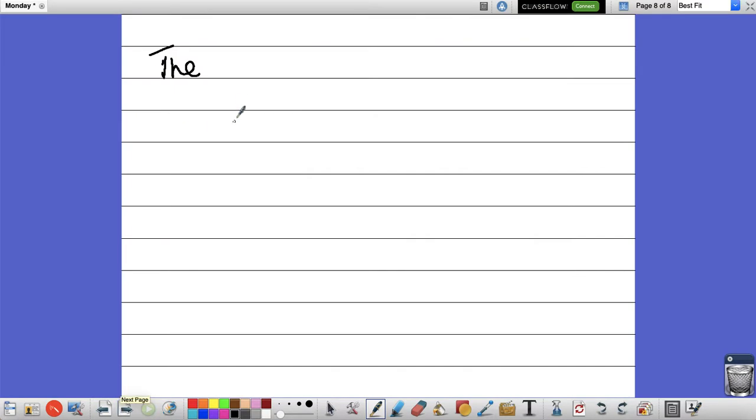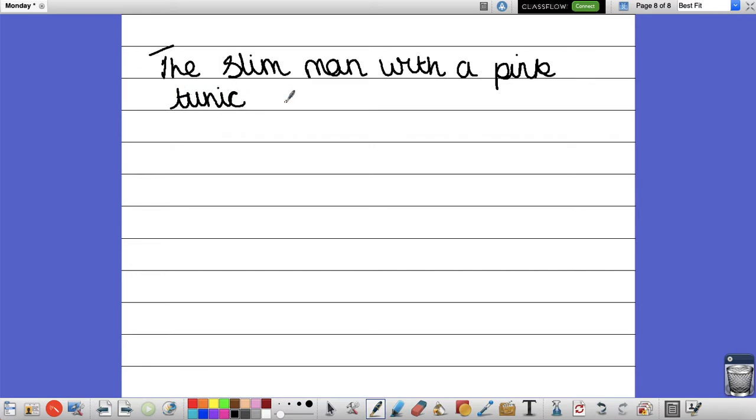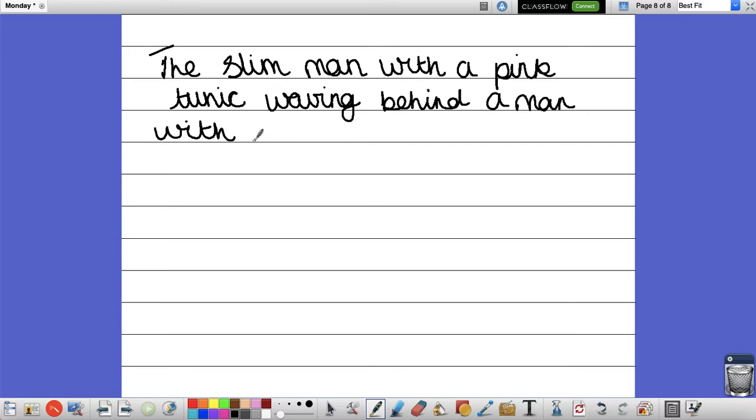So I'm going to go for the slim man. So at the moment, it could be quite a few options, with a pink tunic waving behind a man with lots of muscles.